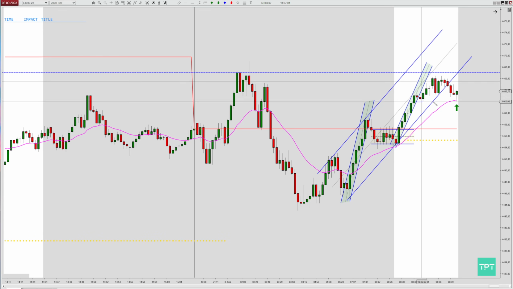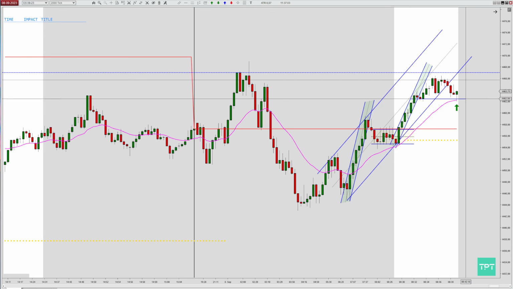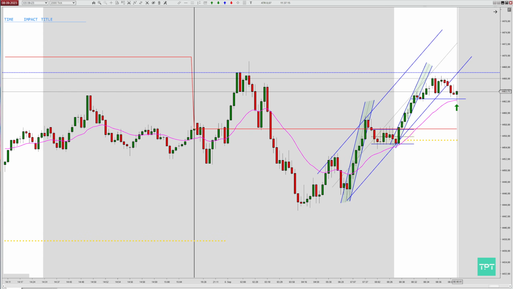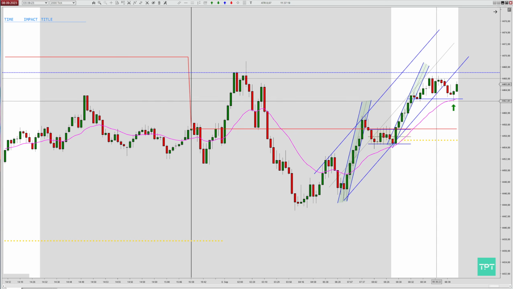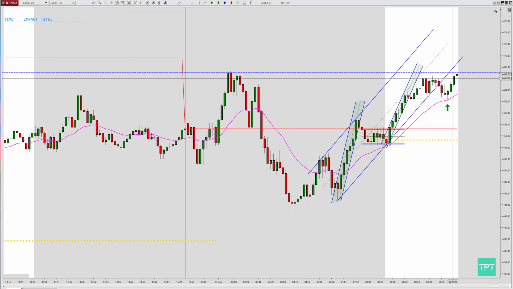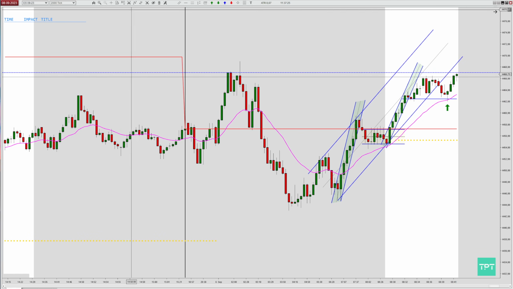Also notice there is a double test of this level. Prices tested this level here first time, and this is the second time. So there are a couple of reasons why to like this second entry here. And prices trigger you into the trade, and you would be out of the trade already.